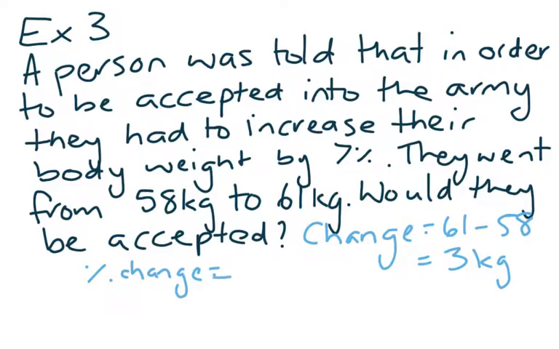So the change was 3 over the original, which is 58, and then we multiply by 100 to change it to a percentage. And to one decimal place, that actually comes out to be 5.2%.